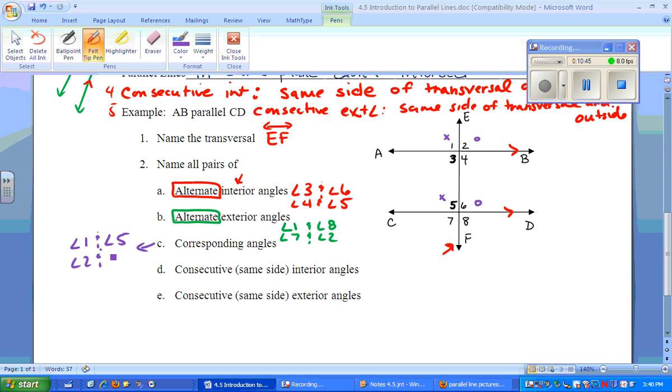Moving on, angle 3 matches angle 7, because they're both bottom left. And last would be 4 and 8. Okay, corresponding usually has a lot more in play than the other two. You'll always have 2 alternating interior, 2 alternating exterior, and usually 4 corresponding.